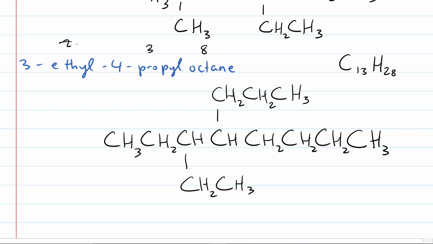Because 2 times 13 gives us 26, plus 2 more gives us 28. So we count quickly here. We have 3, 5, 7. That makes 10, 12, 13, 14, 16, 18, 20, 23, 25, 28 all together in here. So any questions on how we do alkanes? Any questions on alkanes?